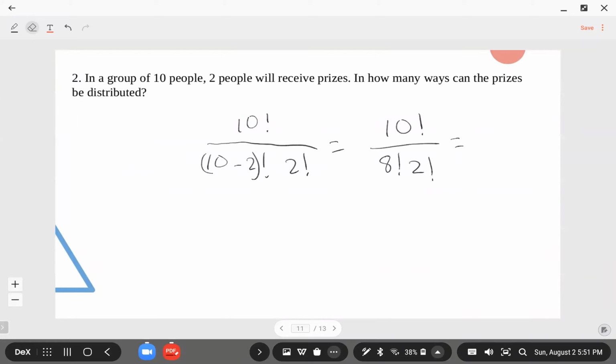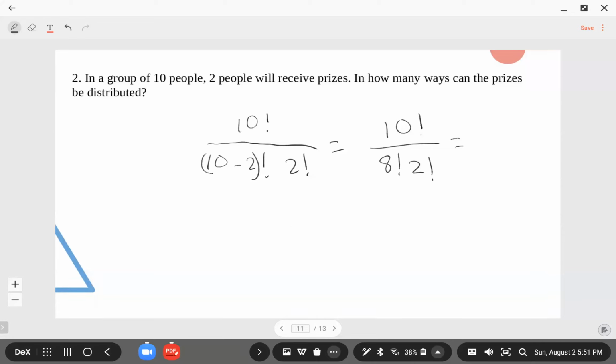Okay, so without even using the calculator, remember 10 factorial is a relatively big factorial, okay? So pretty big number, right? And remember where I said I could simplify, right? We can simplify those factorials. And what is 10 factorial? It's 1 times 2 times 3 all the way to 10, right?